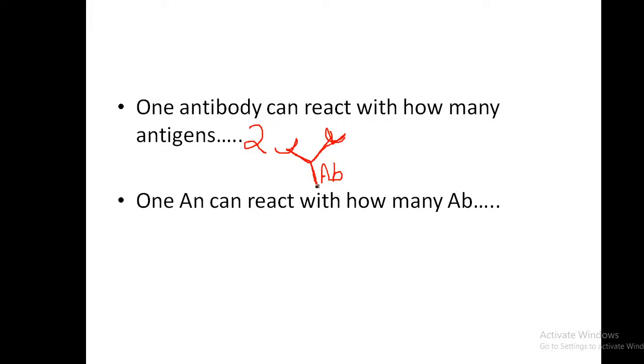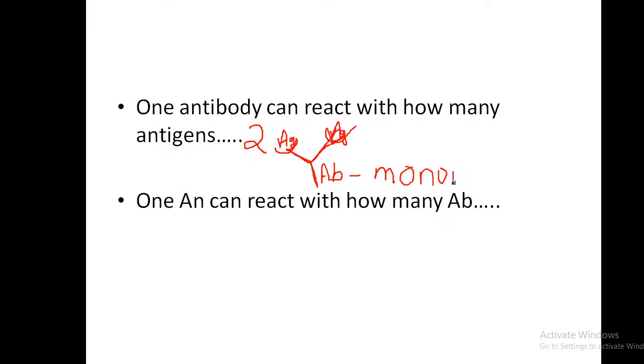This is the picture, and one antibody or immunoglobulin can bind with 2 antigens. So one antibody can bind with 2 antigens. More specifically, I'll say an antibody monomer.